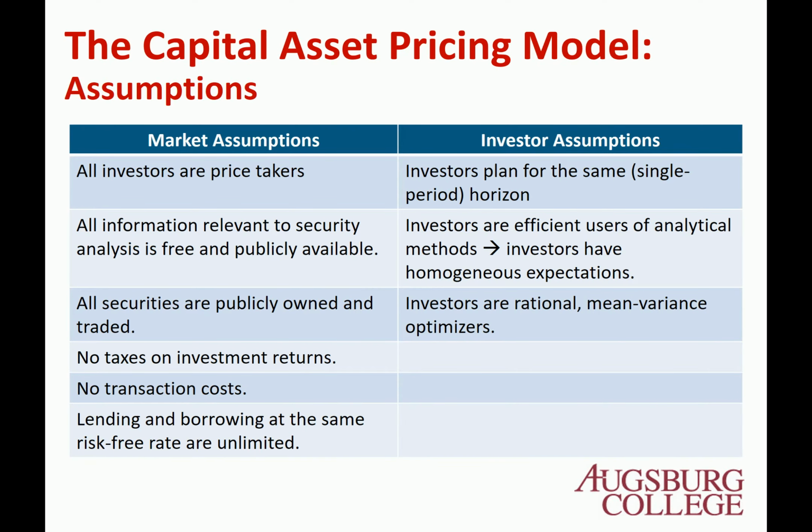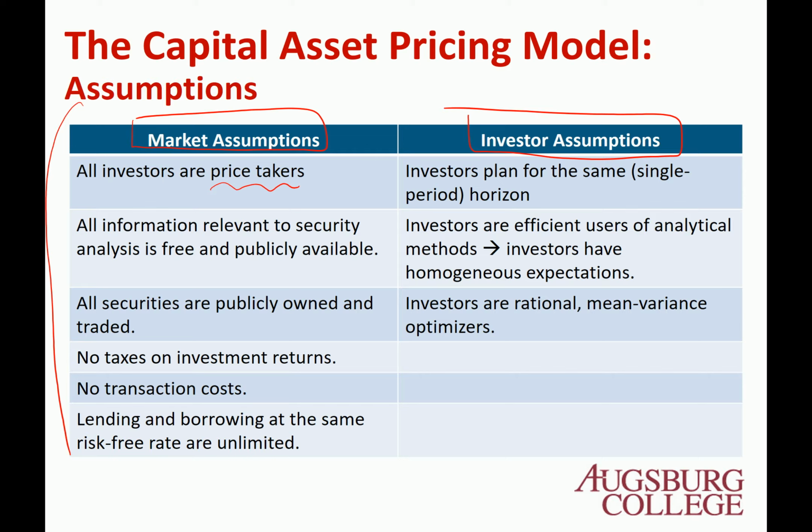And the proportion should be the same as the market value proportion. So these are the assumptions that CAPM makes. The left side is about the market, the right side is about investors. The first assumption: all investors are price takers, individual investors who accept the prevailing price. You take the price, you believe this price is right.